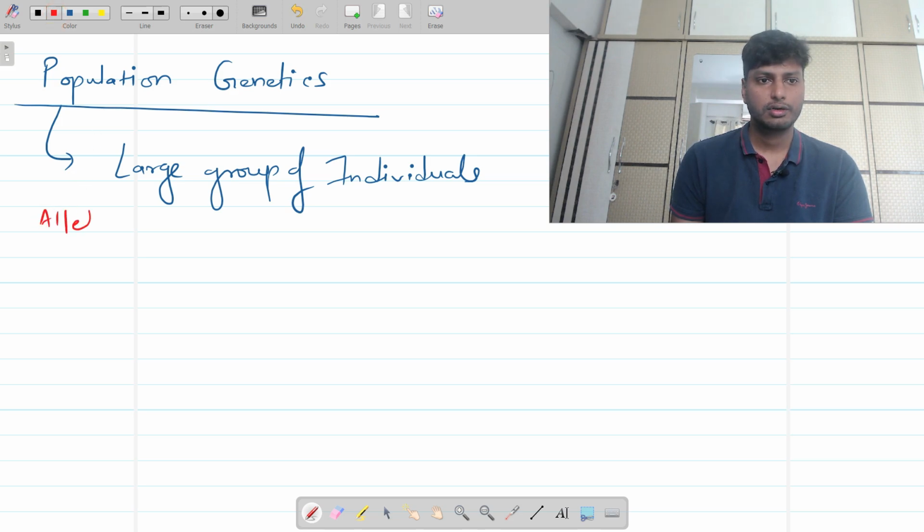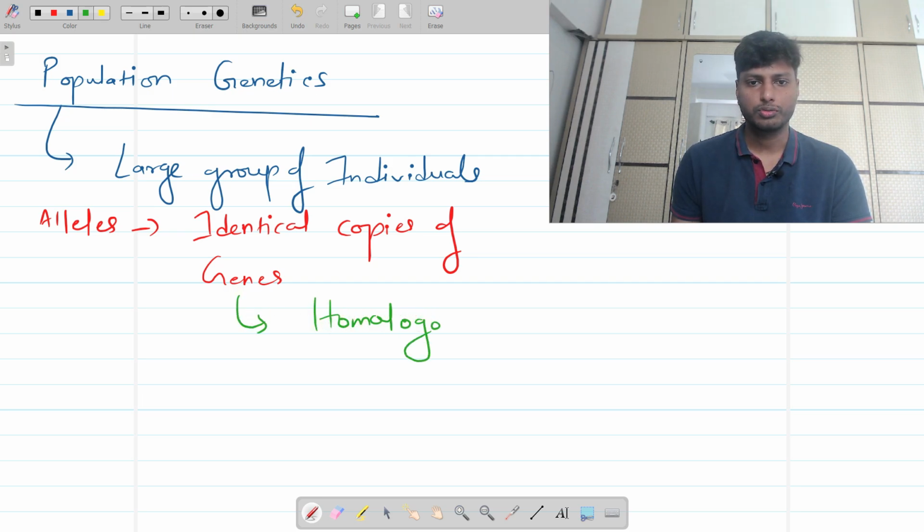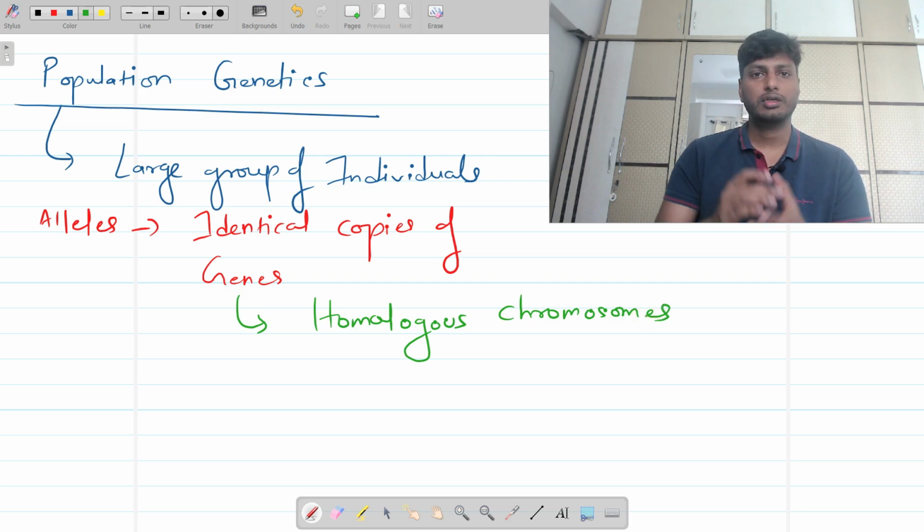Alleles are basically the identical copies of genes which are present on the homologous chromosomes. So, by understanding the characteristics of a population, we can study its evolution.